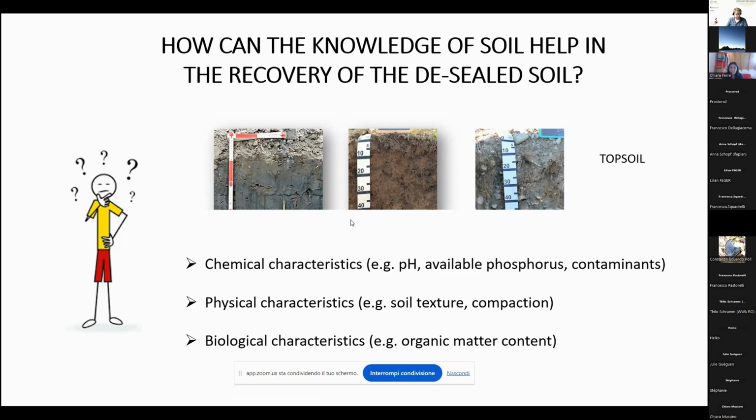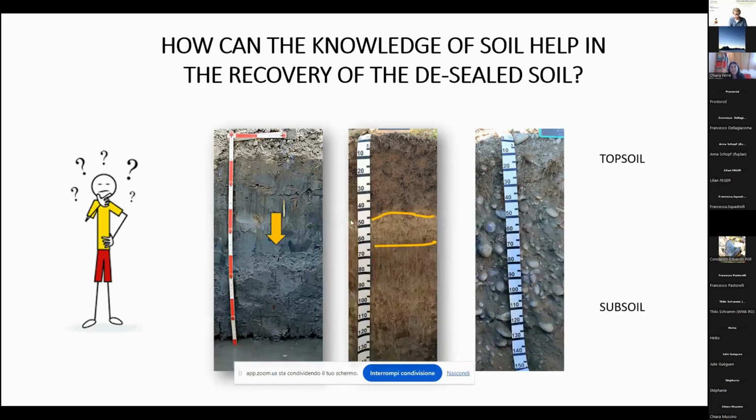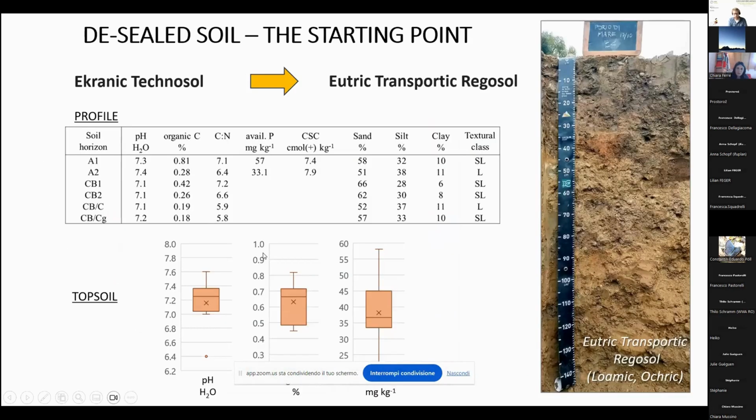But it's important not to limit ourselves to topsoil, but it's important also to study what there is underneath, in depth. The subsoil is also very important, and I'm showing you here three examples to better understand. Here in the first picture, I don't know if you can see, sorry.